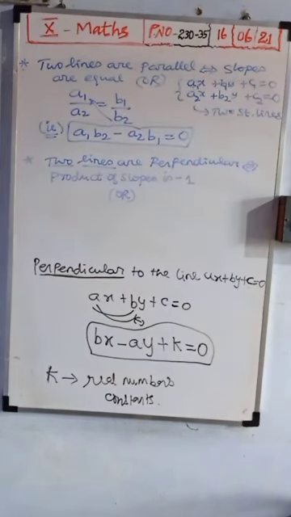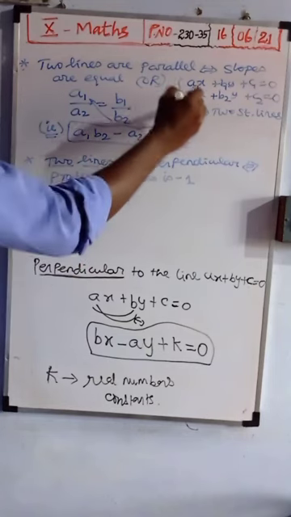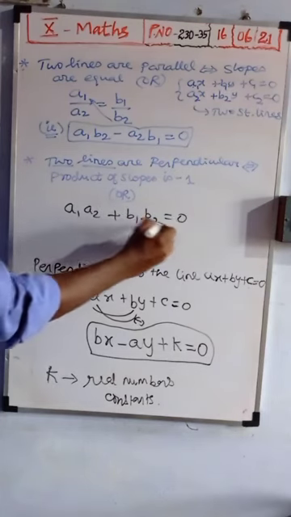a1x plus b1y plus c1 is equal to 0, a2x plus b2y plus c2 is equal to 0. To use this condition, we want to check a1 a2 plus b1 b2 is equal to 0. Multiply a1 a2, then add b1 b2; this should equal 0.